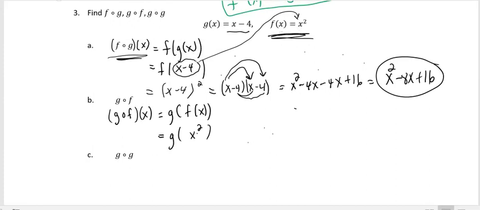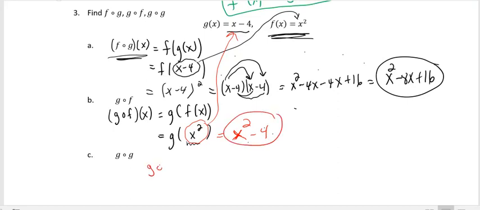So now whatever is in here, we're going to replace it in all the x's of the function g. So we're going to take this guy, and it's going to replace this x. Okay. So this is going to be equal to x squared minus 4. And then I can't simplify further, so my answer is x squared minus 4.